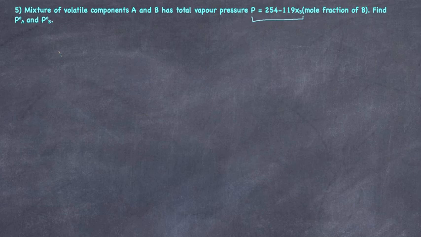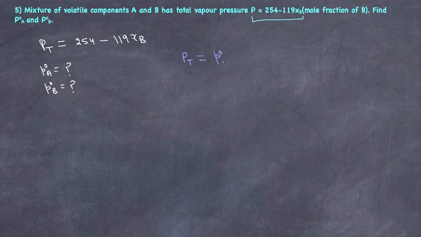So let's write down what they gave us. They gave us P total is equal to 254 minus 119 XB, and we need to find out P naught A is missing and P naught B is missing, and we know that P total is equal to P naught A XA plus P naught B XB, and we also know XA plus XB is equal to 1.